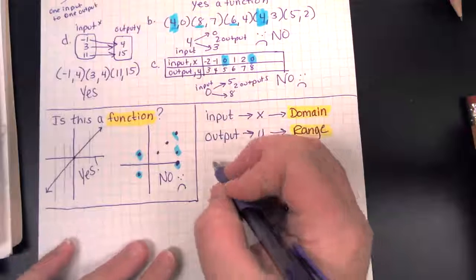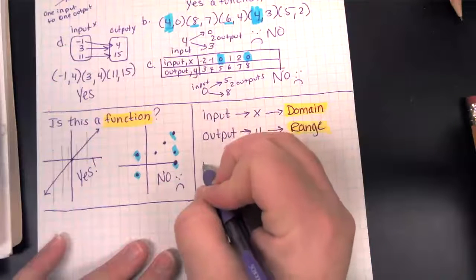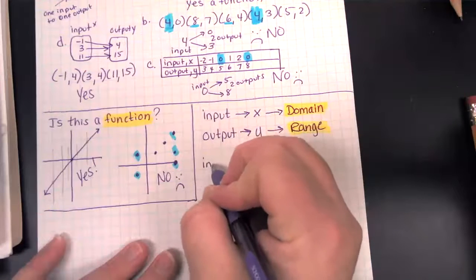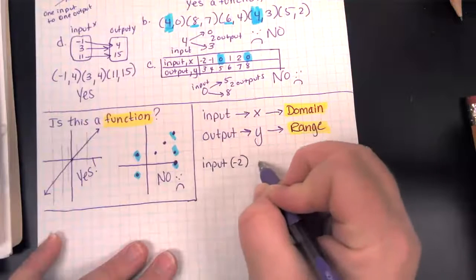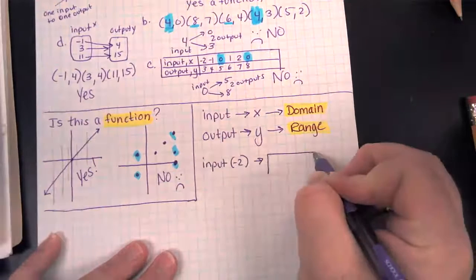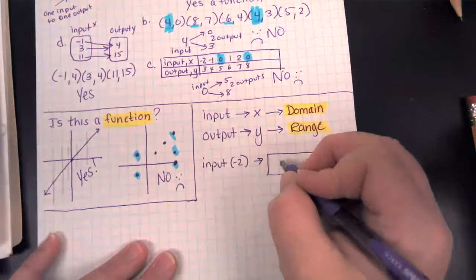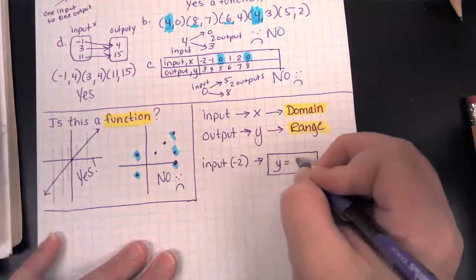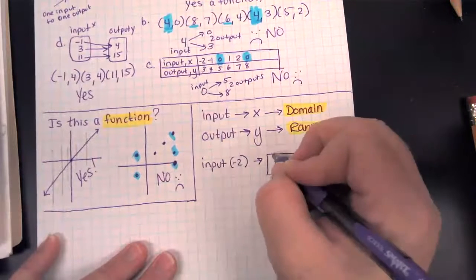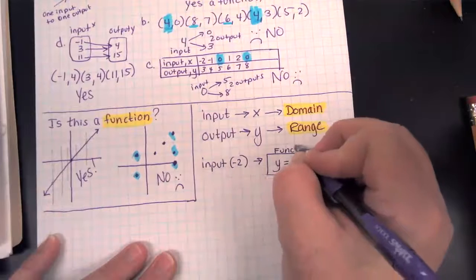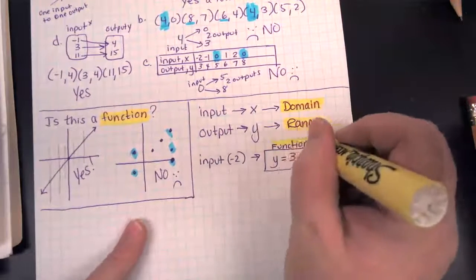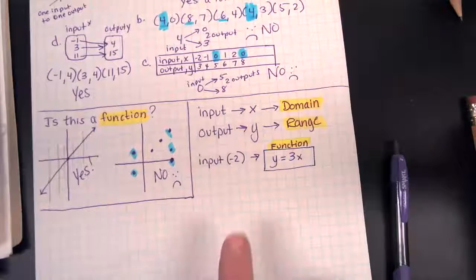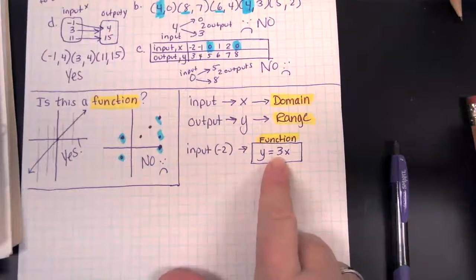So let me show you what I mean. My input is -2. I'm going to put it into my function machine. And here's my function. Oh, I just used another vocab, didn't I? My input is -2. My function is this.